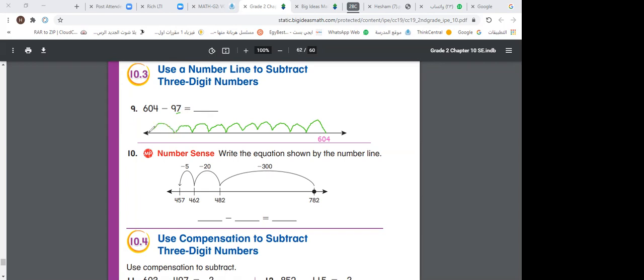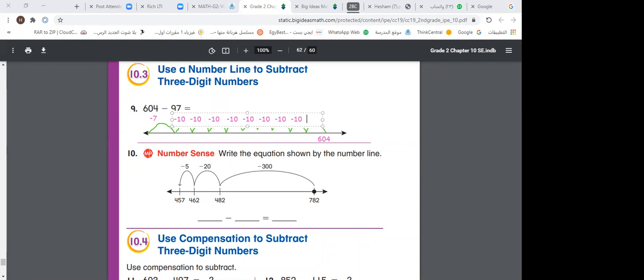Let's make it in 1 step. Here, minus 7. Now write minus 10 nine times. How many tens? 9 tens. That's right. Very good.